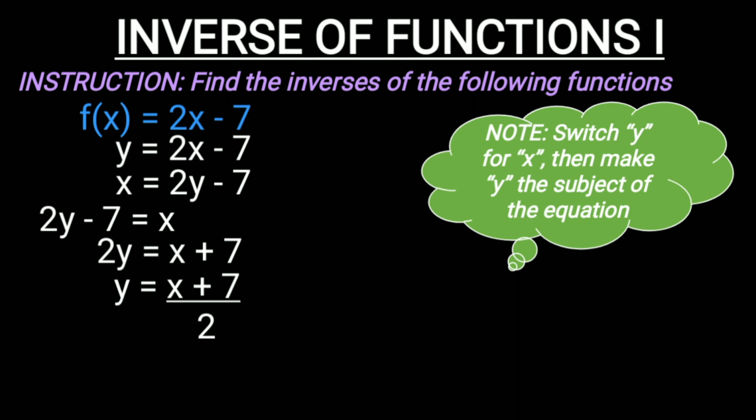So it will leave us with y equal to x plus 7 all over 2. And this is basically the inverse of a function. But we've got to use the denotation of the inverse of f of x. And this becomes the inverse of f of x is equal to x plus 7 over 2.